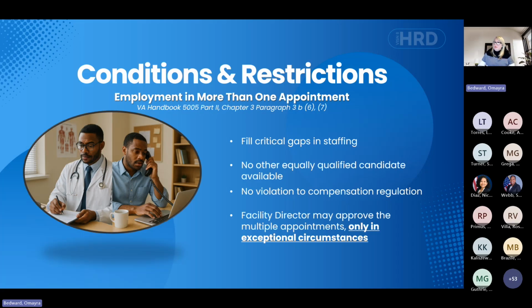You can do that. Make a note and do that on your time. The facility director may approve the following multiple appointments only in exceptional circumstances. That is key, okay? Exceptional circumstances. It can be that the chief of the department wants to fill in the position just because they think that this is an easier way to bring somebody on board.